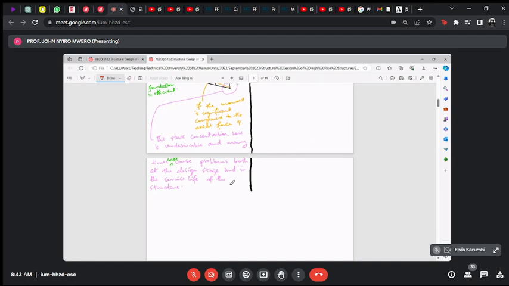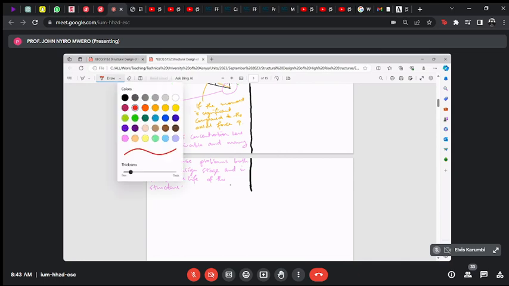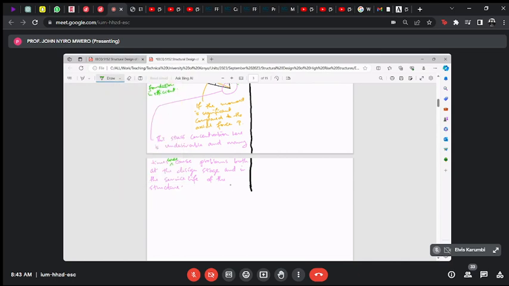I will conclude this session before I allow you to respond to these thoughts. I'll conclude this discussion by writing this statement here to say that the way you model a structure in analysis is approximately the way it will behave in real life. So write this statement, I'll leave this statement here for you to think about.